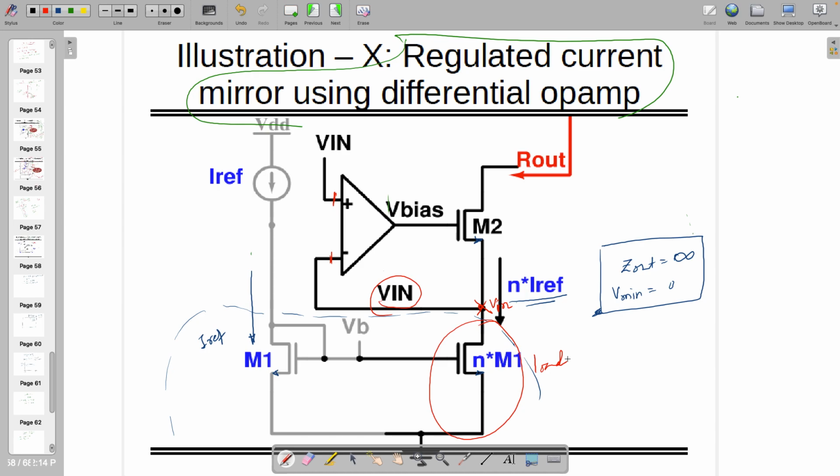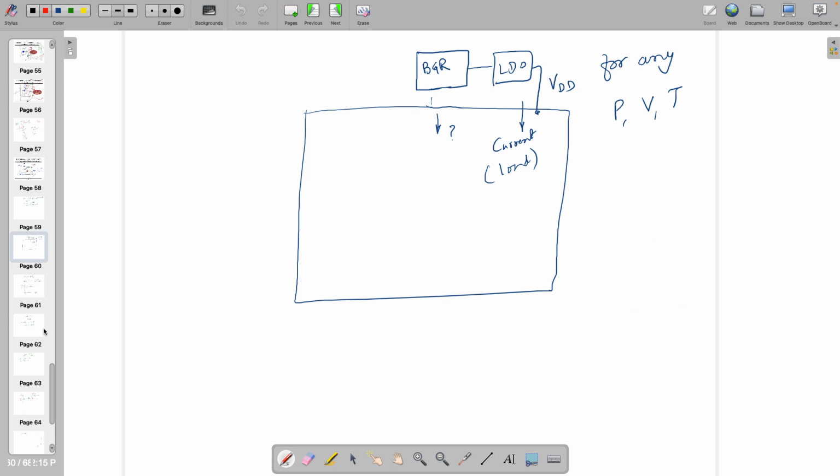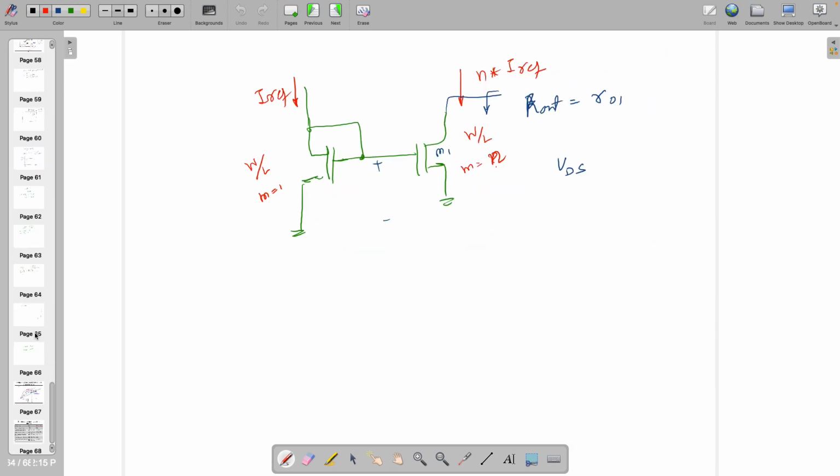And in the same way, if you look at this circuit, I have not drawn anything on top. However, for any load, the current will remain the same. It's not going to change. This is biased by a given current, and that current will not change for any load.